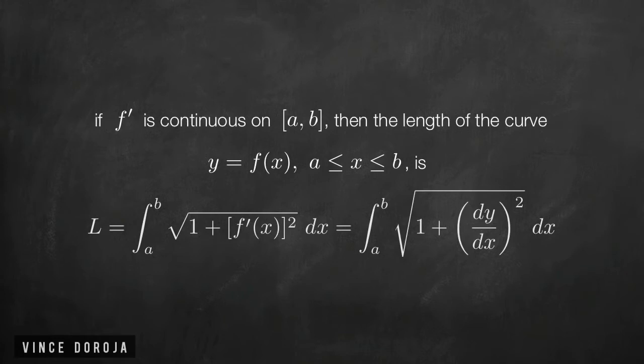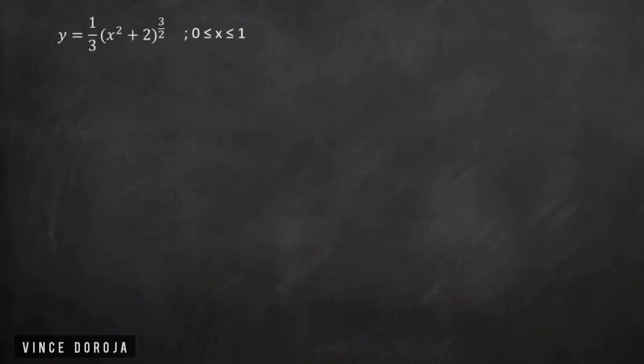L equals integral of square root of 1 plus quantity of f prime of x raised to second power dx evaluated from A to B, or S equals integral of square root of 1 plus dy over dx raised to second power dx evaluated from A to B. Papakita ko ngayon paano gamitin ang formula para masolve ang length of curve.